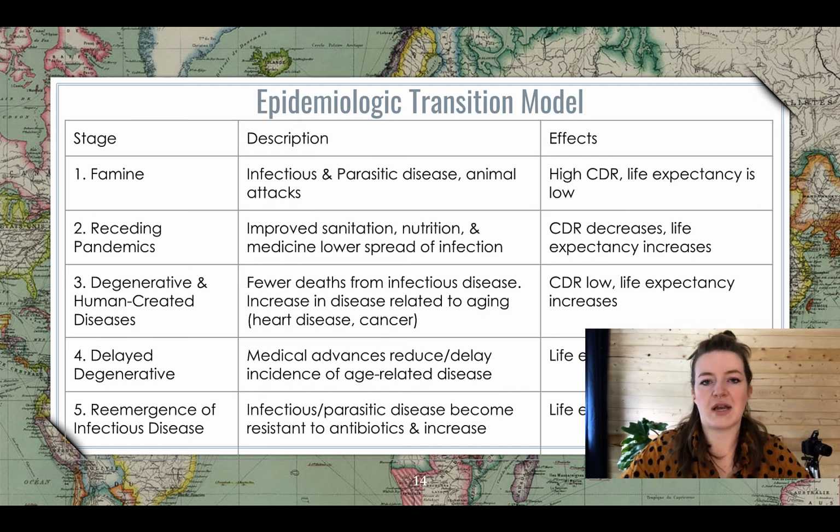So exposure to things like asbestos or other chemicals that might create long-term problems. And finally, that highly mobile population, we see increased infection rates. So all of those are not really accounted for necessarily in the ETM, but are really important and necessary to understand how disease impacts human life.